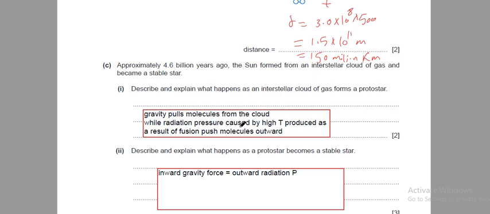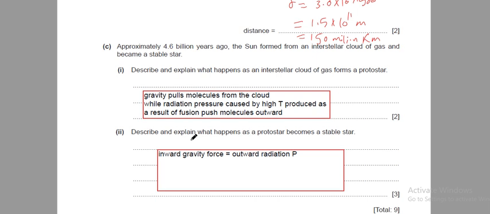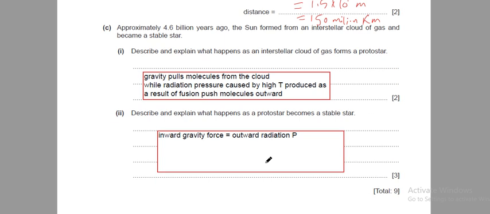In addition, pressure caused by the high temperature produced from fusion pushes the molecules outward. Describe and explain what happens as a protostar becomes a stable star. It occurs when inward gravity forces equal the outward radiation pressure.